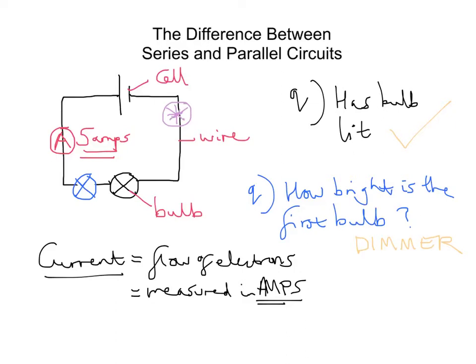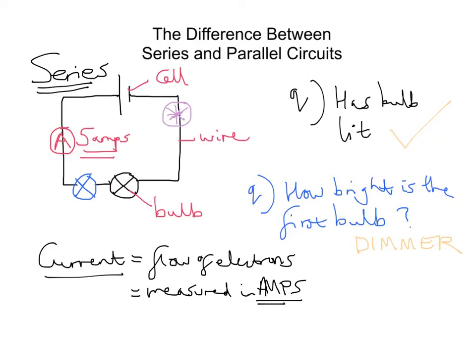So let's see what we can gauge from that. What we've made is a series circuit, so it's almost like one loop from the cell here. So this is a series circuit, and in a series circuit, the current, so the flow of electrons, is the same at any point. That's the key thing here.